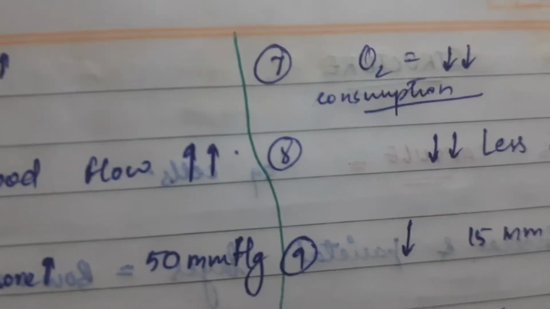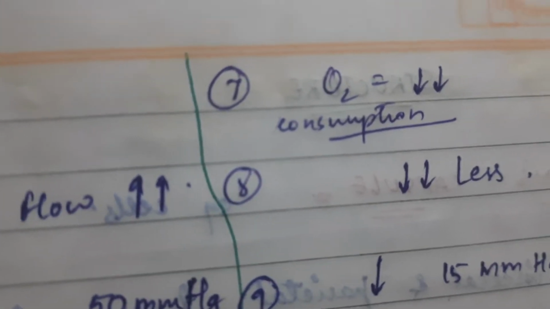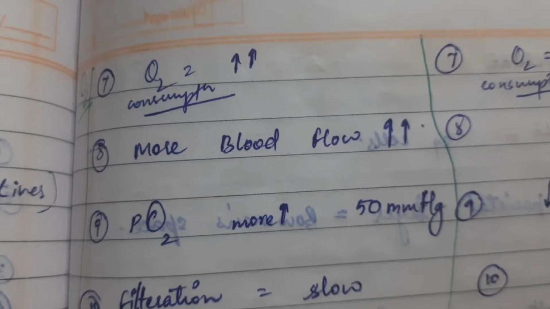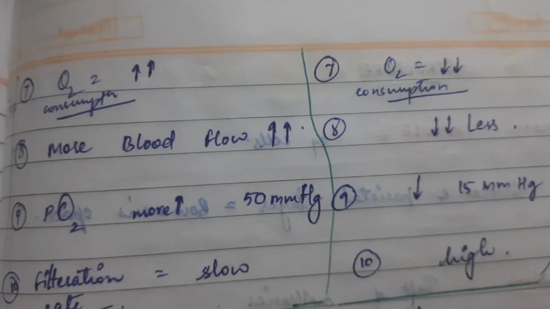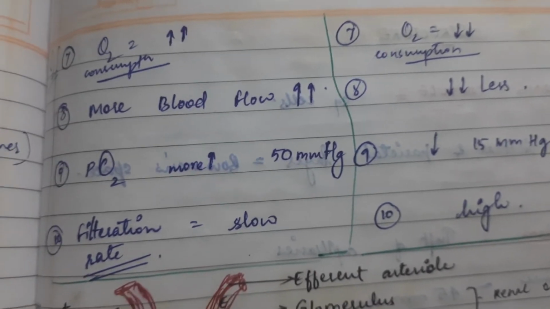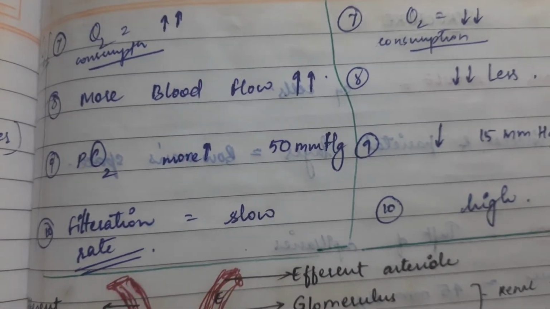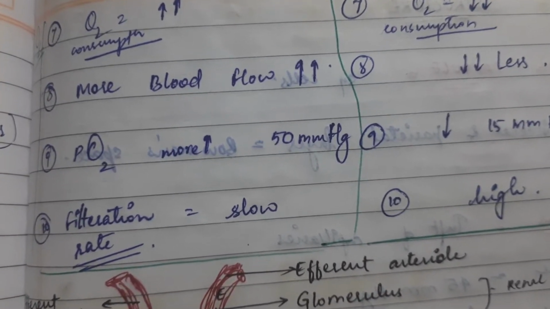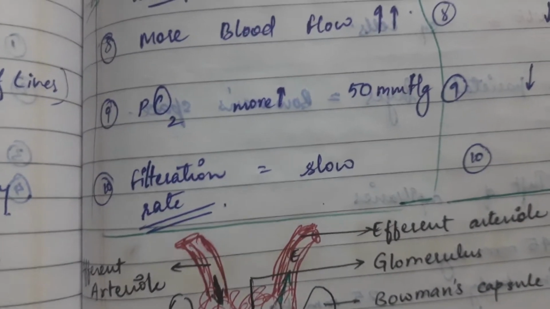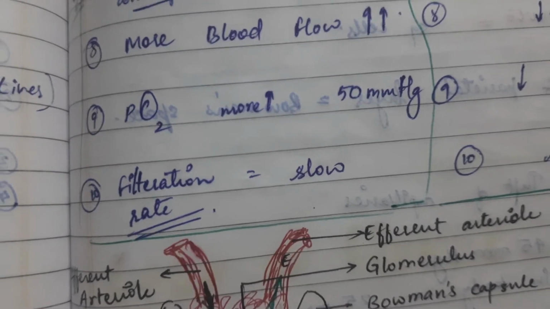And in the juxtamedullary nephrons, oxygen consumption is low. More blood flow is required here, and less blood flow is required here. And PO2, partial pressure of oxygen, is more, 50 mmHg, and here it is less, 15 mmHg. Filtration rate here is slow, and here it is high.